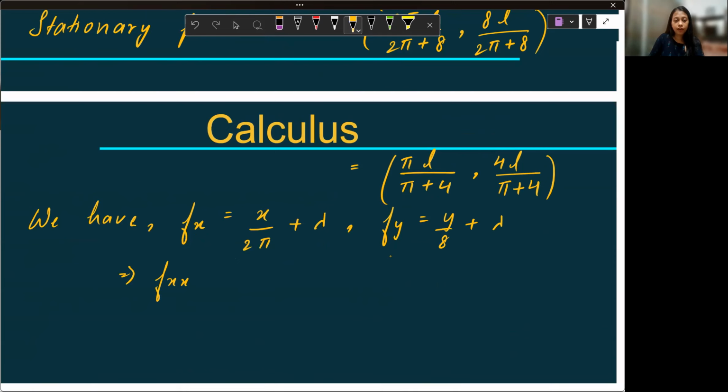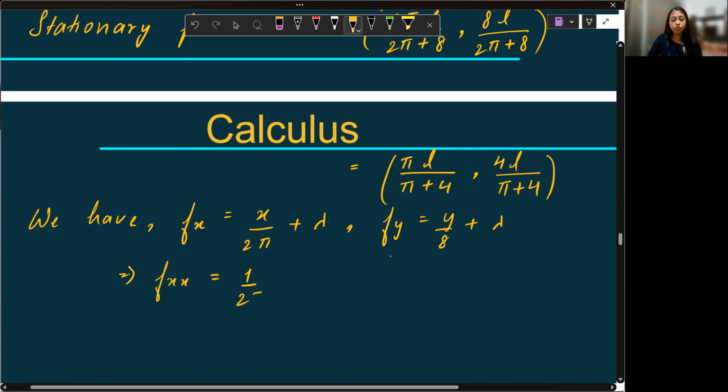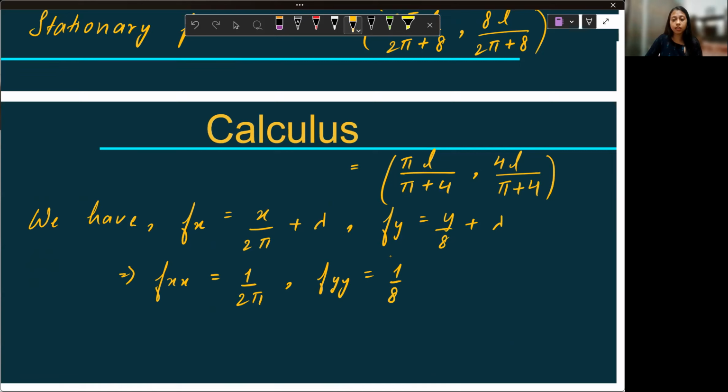So what is f of xx? Partial differentiation of fx with respect to x again. So that is 1 by 2 pi. Similarly, fyy would be 1 by 8 and f of xy is 0.